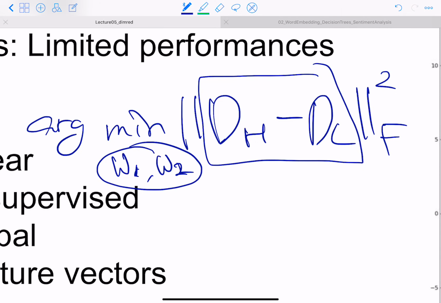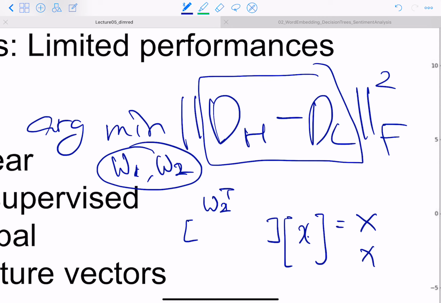W1 transpose, a particular vector, times some input vector x gives us the first coordinate in the reduced dimensionality, and W2 with the same input vector produces the second coordinate.